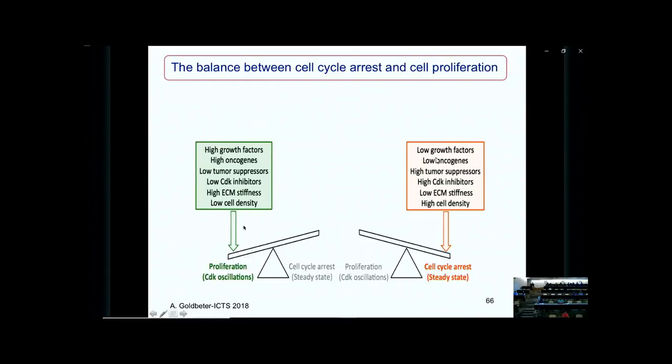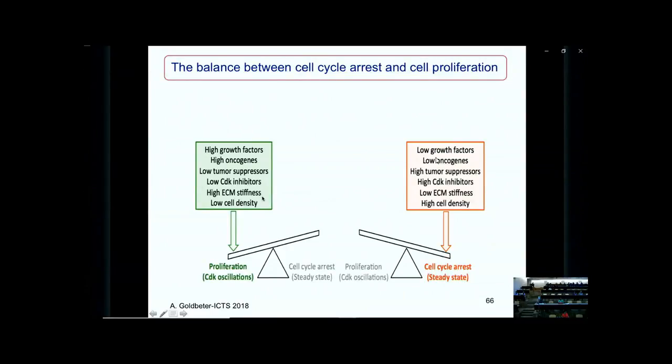What are the conditions favoring the transition from one to the other? Cell proliferation and CDK oscillations are triggered by high growth factors, high oncogenes, low tumor suppressors, low CDK inhibitors, high ECM stiffness, and low contact inhibition. The opposite conditions favor the cell cycle arrest.